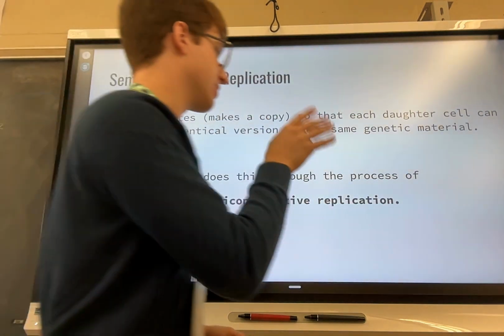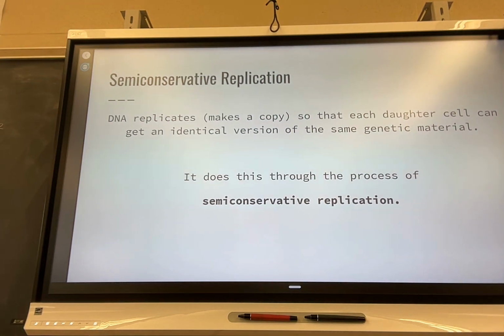So it's going to do this through semi-conservative replication. So the daughter, or both daughters, are going to have at least one identical copy of each chromosome, or of each set of DNA.